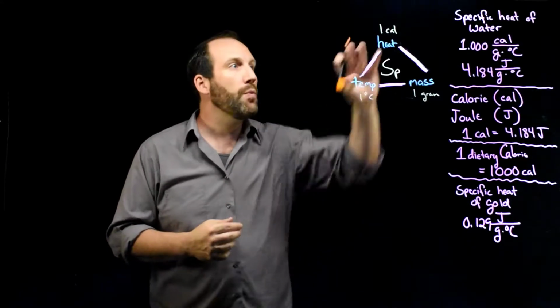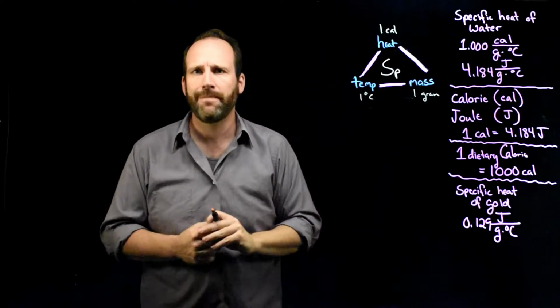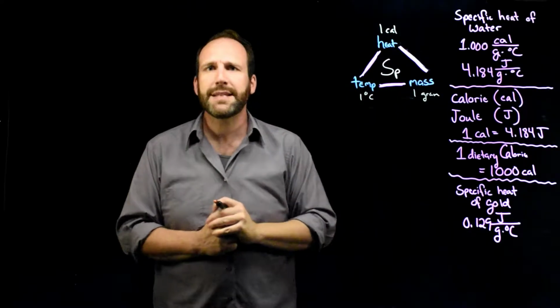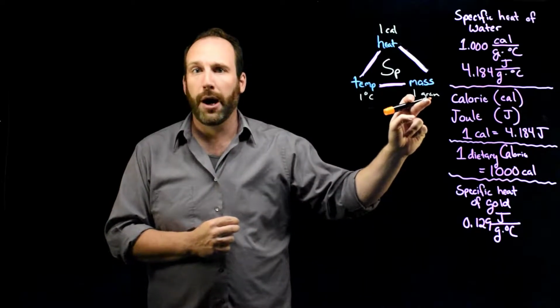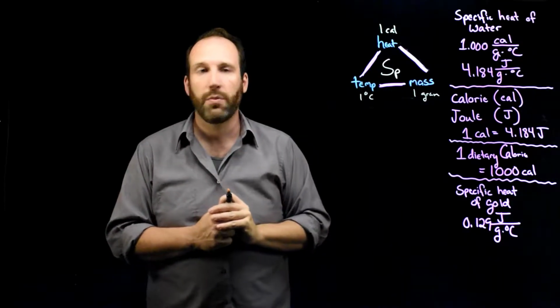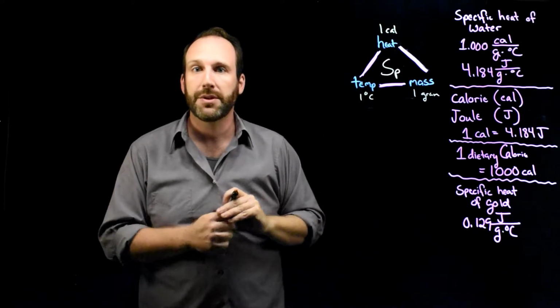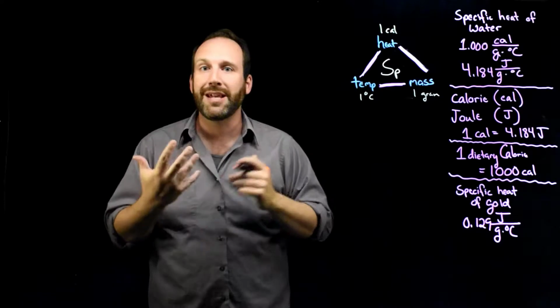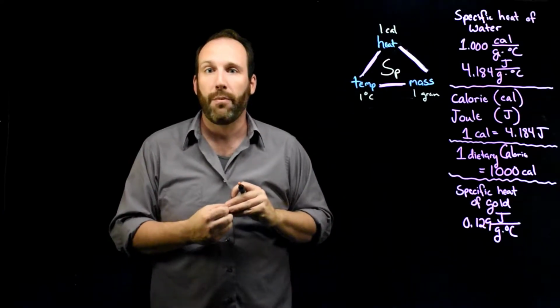Okay? And so we see this relationship here between heat, mass, and temperature. Let's think this through a little bit. Let's say we wanted to raise 2 grams of water by 1 degree Celsius. Well, it takes 1 calorie to raise 1 gram by 1 degree Celsius. So how many calories would we think it would take to raise 2 grams by 1 degree Celsius?